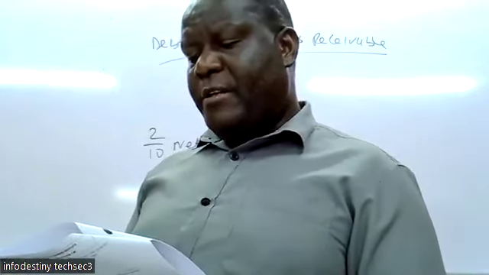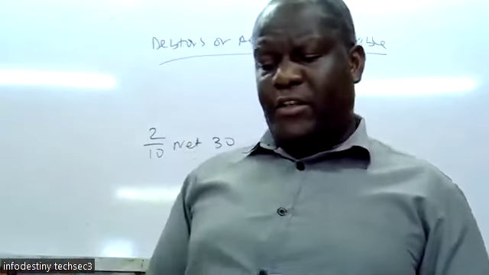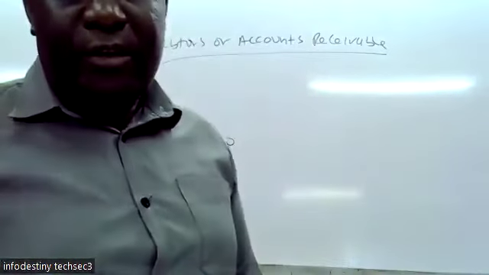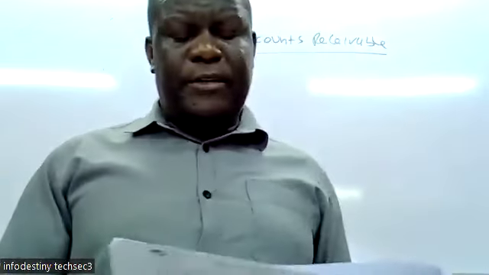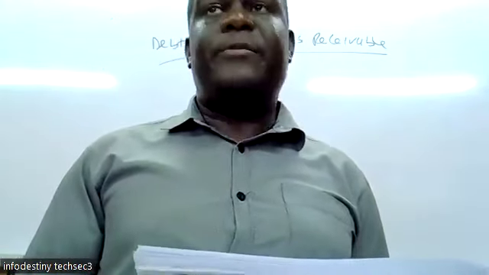So current credit terms are net 30 with an average debtors collection period, which is given as how many days? 45 days.